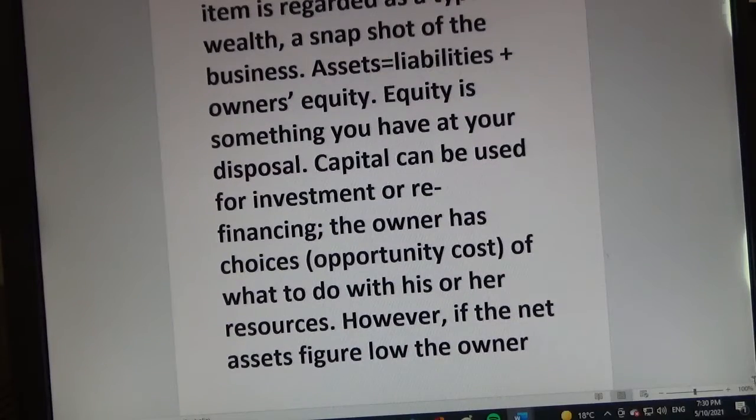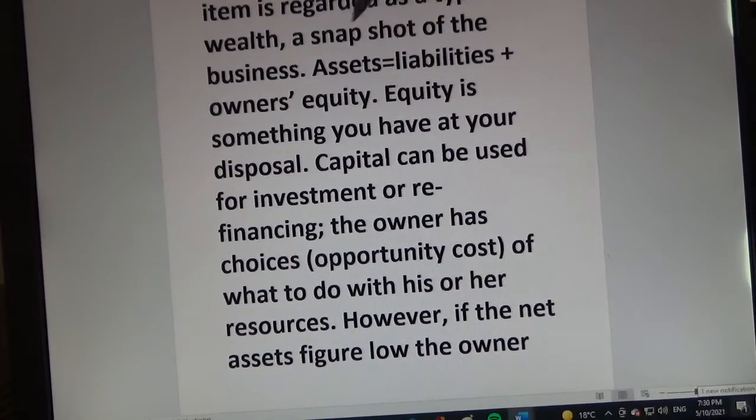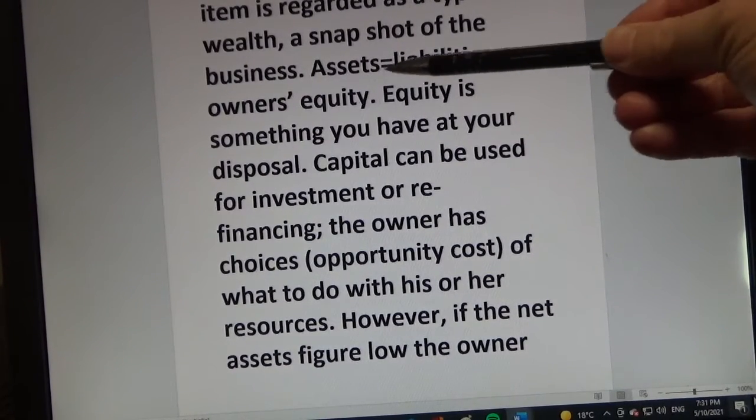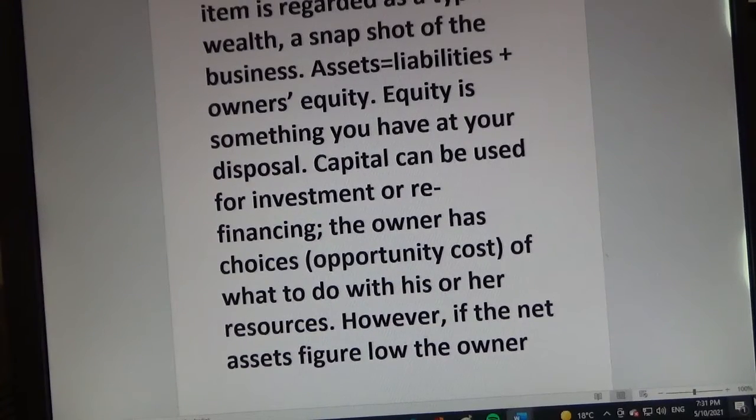So in the accounting equation, assets equals liabilities plus owner's equity. We could put all the figures, the debits and the credits, into that formula, and they should balance.